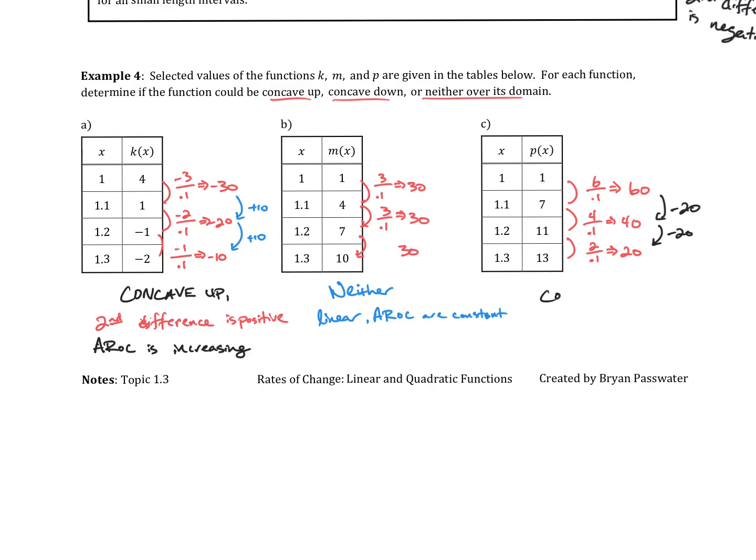Concave down. Now tell me why. The average rate of change is decreasing. That is beautiful. The second difference is negative. The average rate of change is decreasing. There it is. All right.